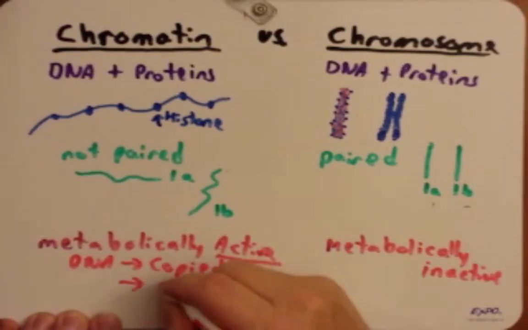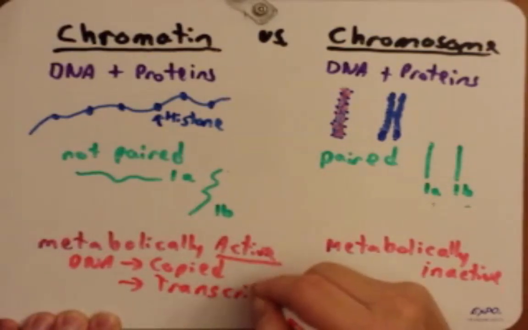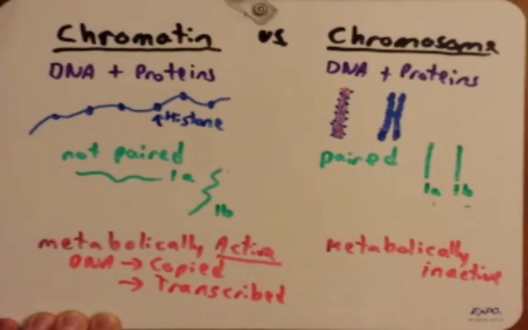The DNA can be transcribed into RNA, and in general, the DNA is exposed so various enzymes and proteins can associate with it to copy it or to transcribe it. Metabolically inactive chromosomes no longer have their DNA exposed because of the proteins associated with them. And so they cannot be copied and they cannot be transcribed.